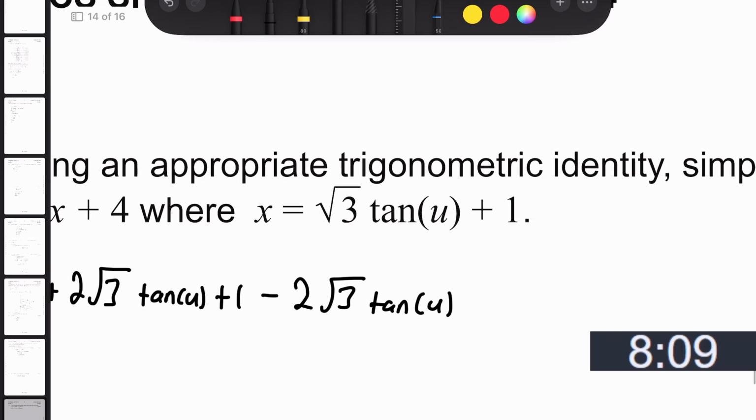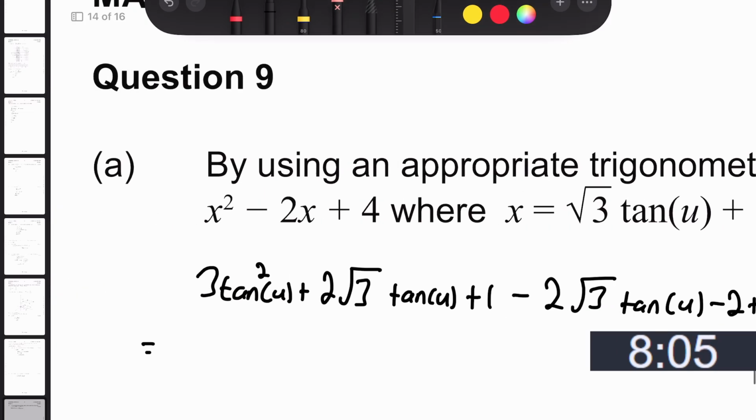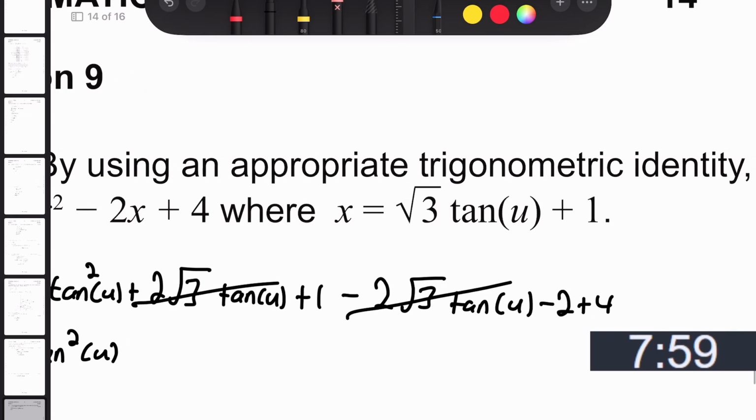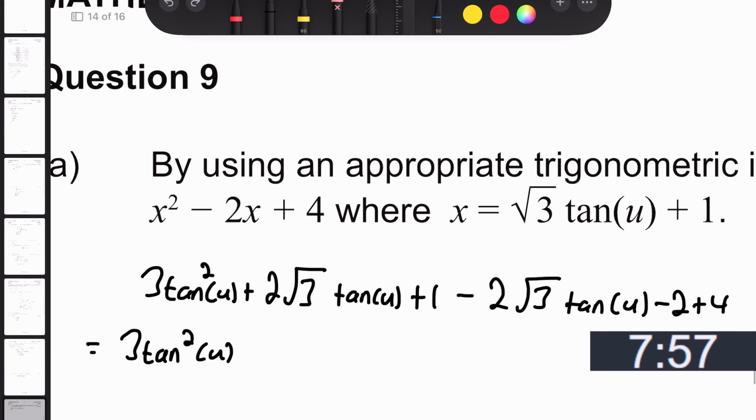Oh wait, and then minus 2 plus 4 is going to be equal to 3 tangent squared of u. These terms will cancel, and I get minus 1 plus 3, so plus 3.